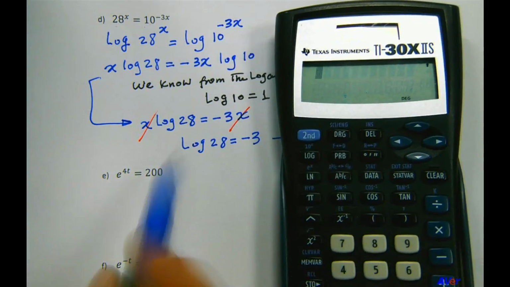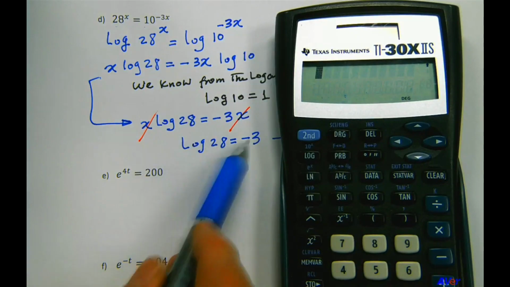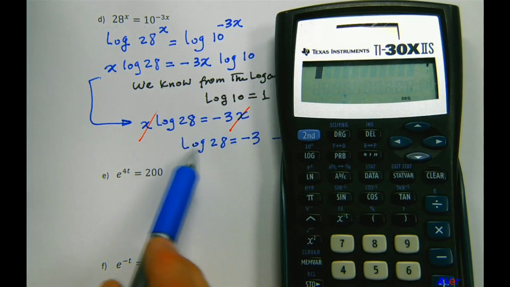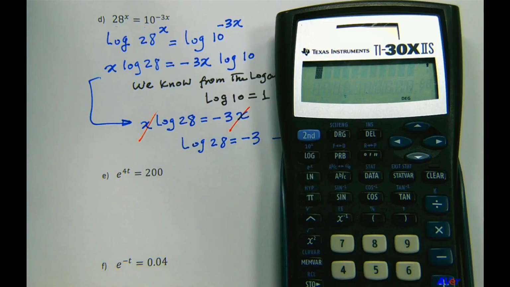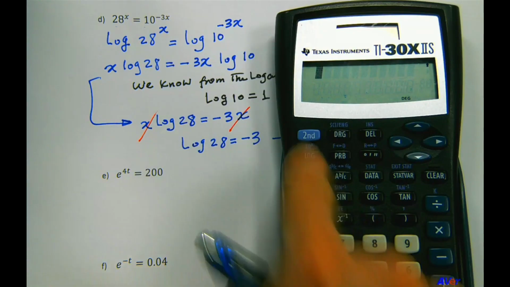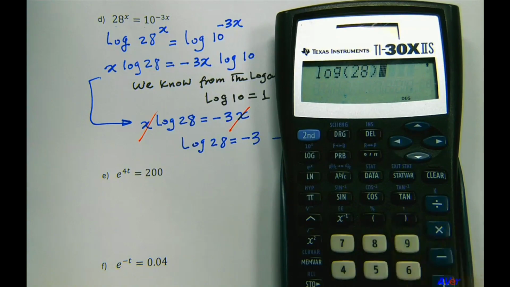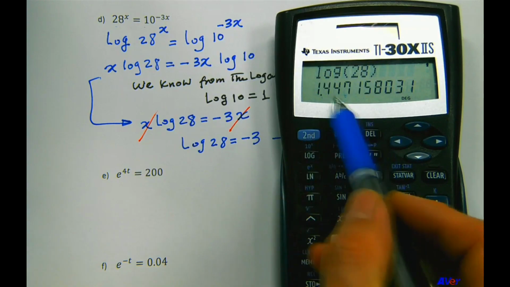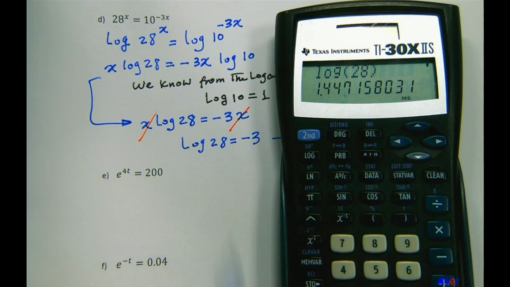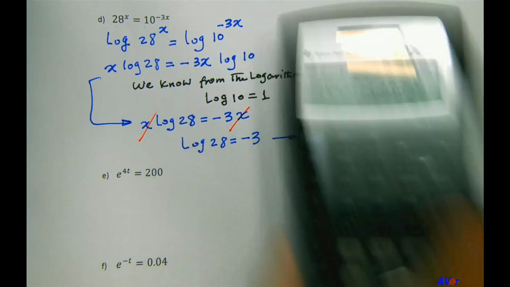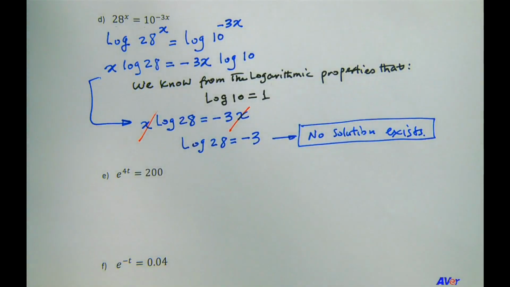The log of any number that is between 0 and 1 is a negative number, not log of 28. So log of 28 is equal to 1.447 and so on. So the left and the right are not equal. So in this case, we have no solution for that.